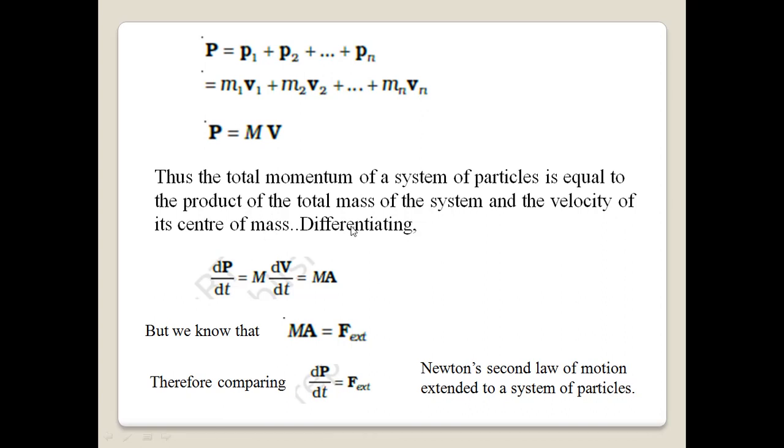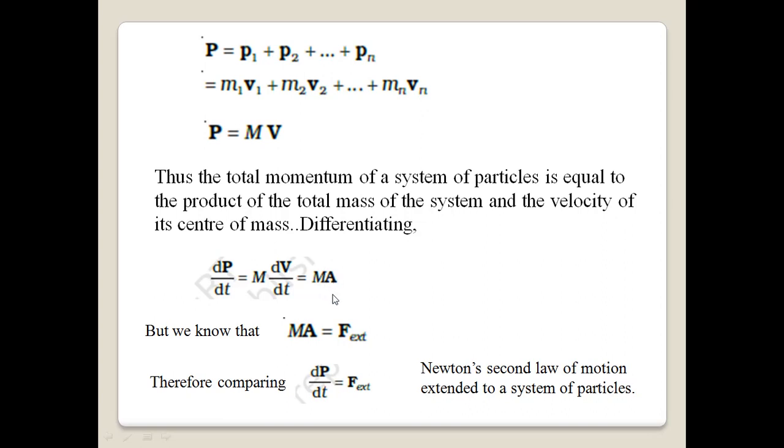Next, if you differentiate this expression P equal to MV keeping mass constant, you get on the left side dP by dt when you differentiate it with respect to time. dP by dt equal to M into dV by dt. But dV by dt is acceleration, so it will be equal to mass into acceleration. So this is the acceleration of the center of mass.